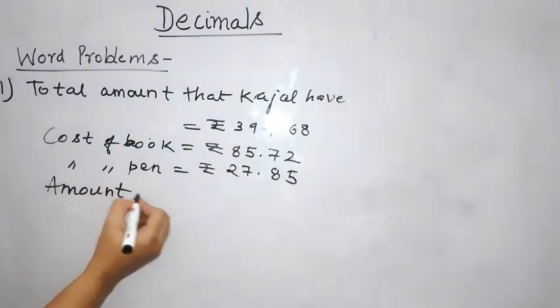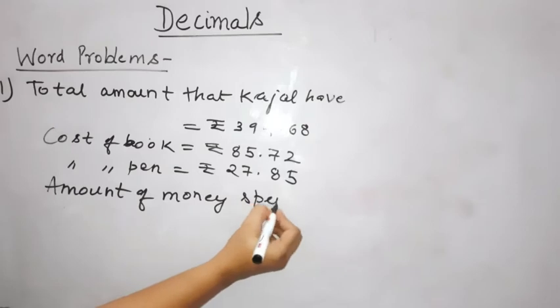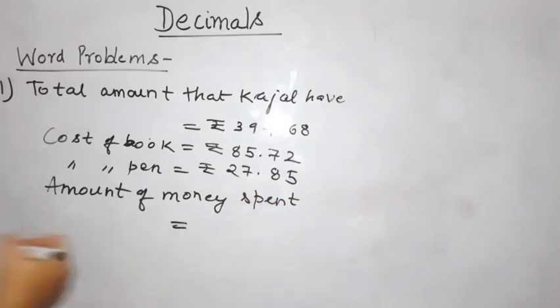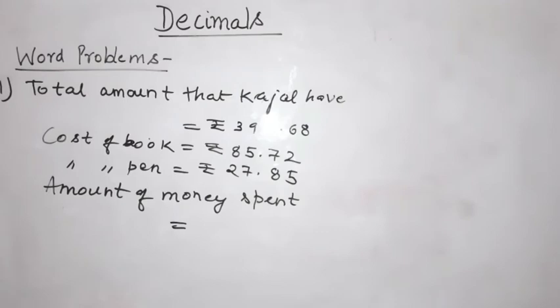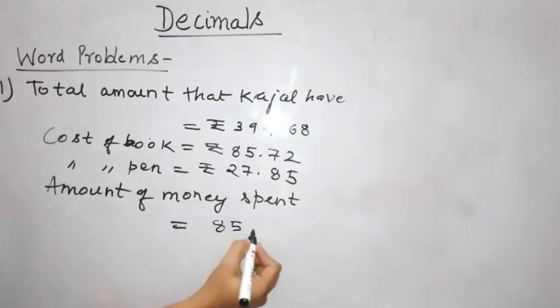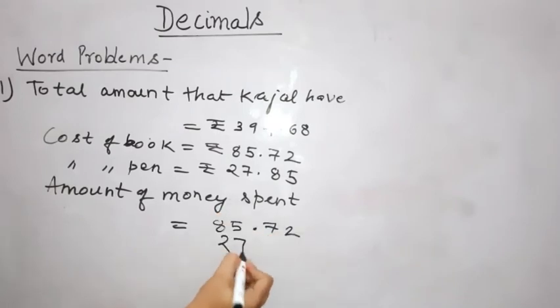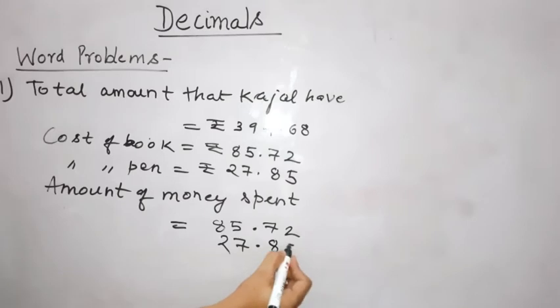So, the third statement is amount of money spent. So, in order to find out the amount of money spent, that means what she has spent, how much she spent, for that, we have to add 85.72 to 27.85.